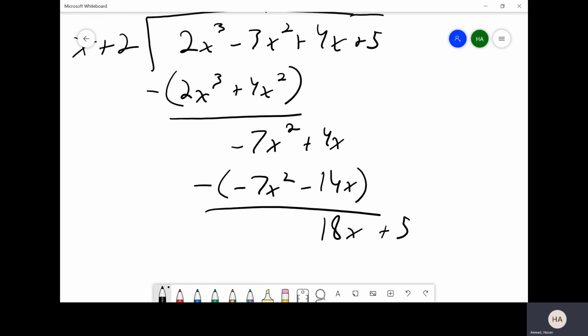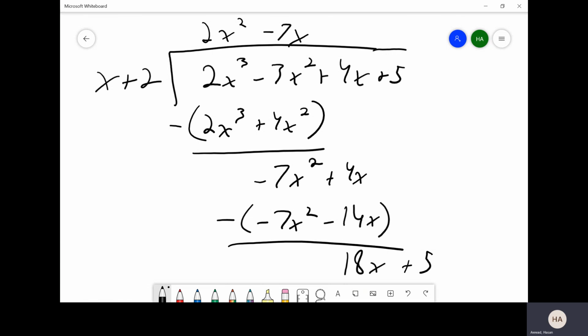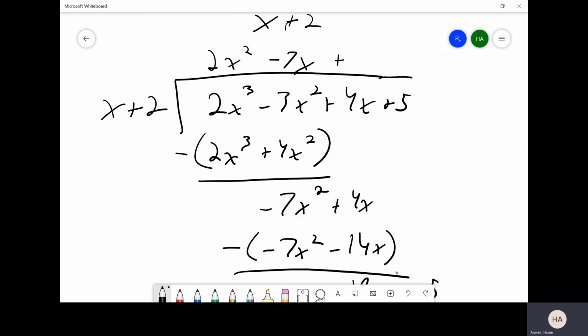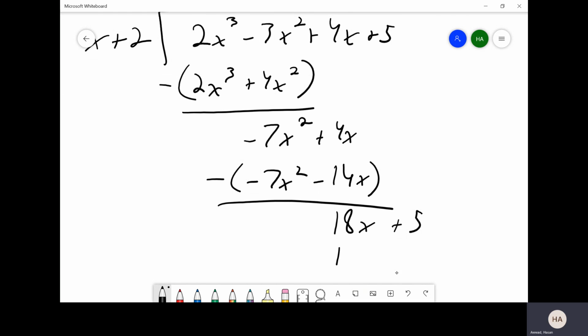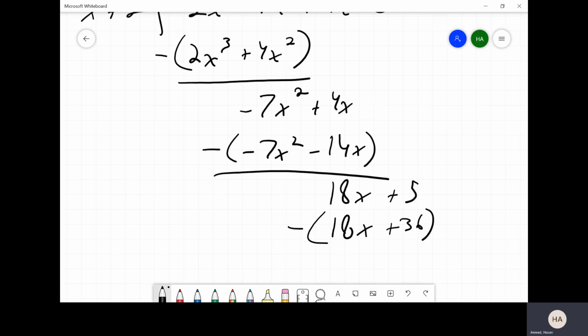So now we have 18x plus 5, and we ask, what do I need to multiply x by to give me 18x? 18 times x gives me 18x, so plus 18. And 18 times the positive 2 gives us a 36. So we have plus 36, and we are subtracting here.